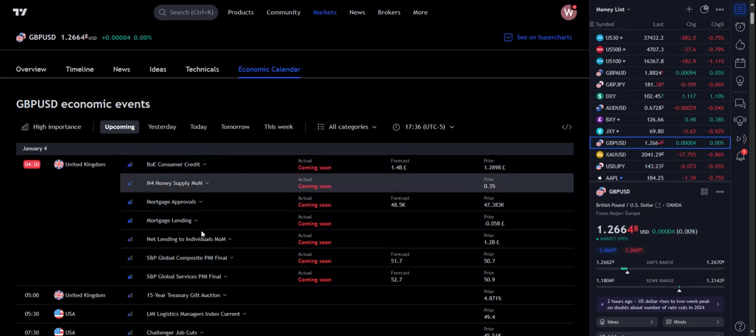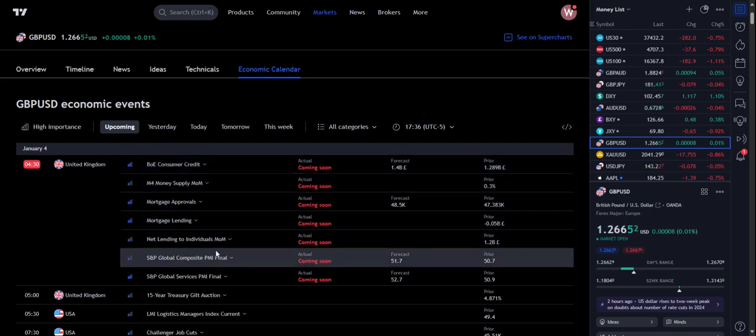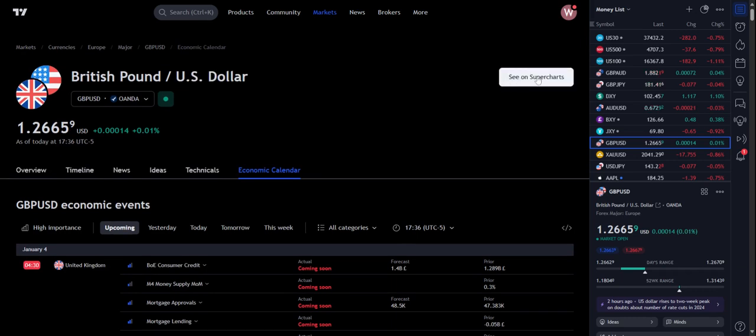Now, as this data is released, it will have a higher number or a lower number, aka actual, forecasted, or prior. And the difference between those values can also have an effect on the actual market and its movement itself.